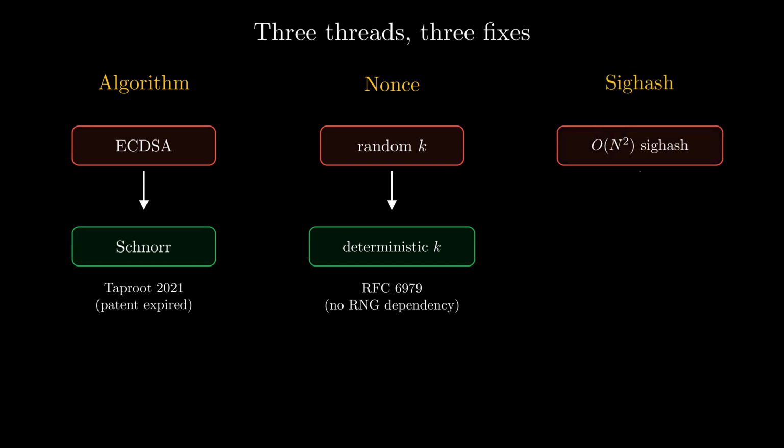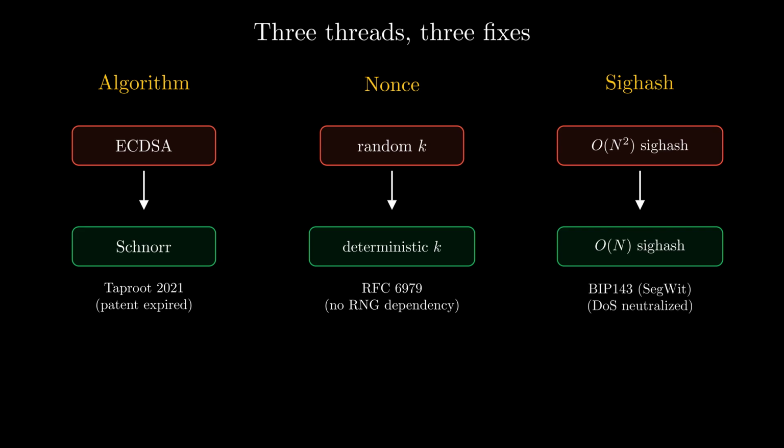Hash scaling: BIP143 turned quadratic Sighash into linear, neutralizing a denial of service attack hidden in plain sight. Note what SegWit really did. People remember it for fixing transaction malleability and effectively raising the block size. The Sighash redesign is the equally important third win that rarely gets credit.